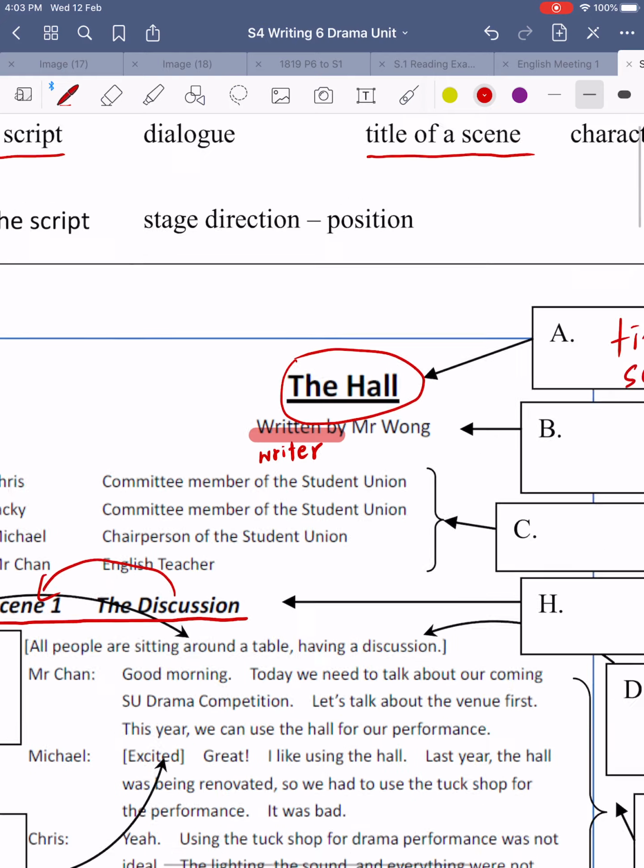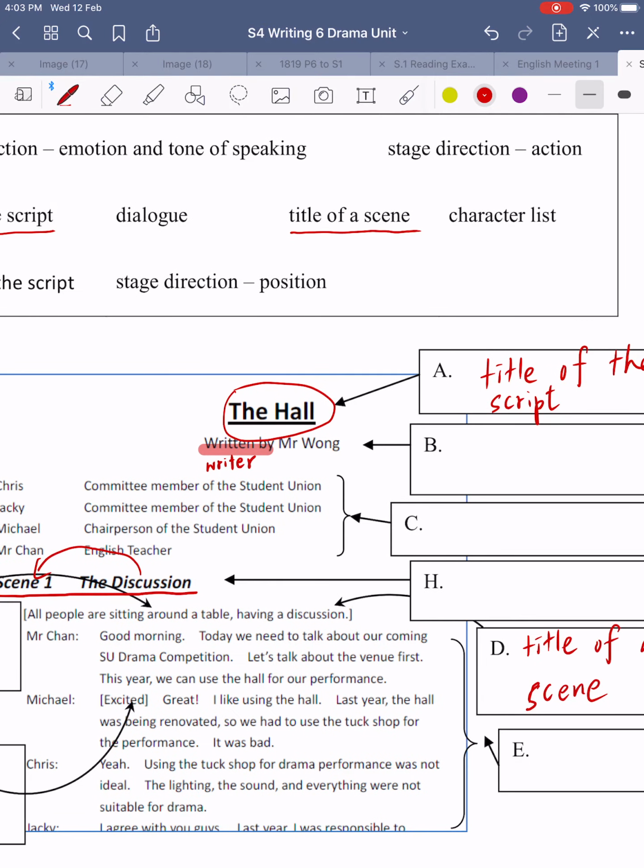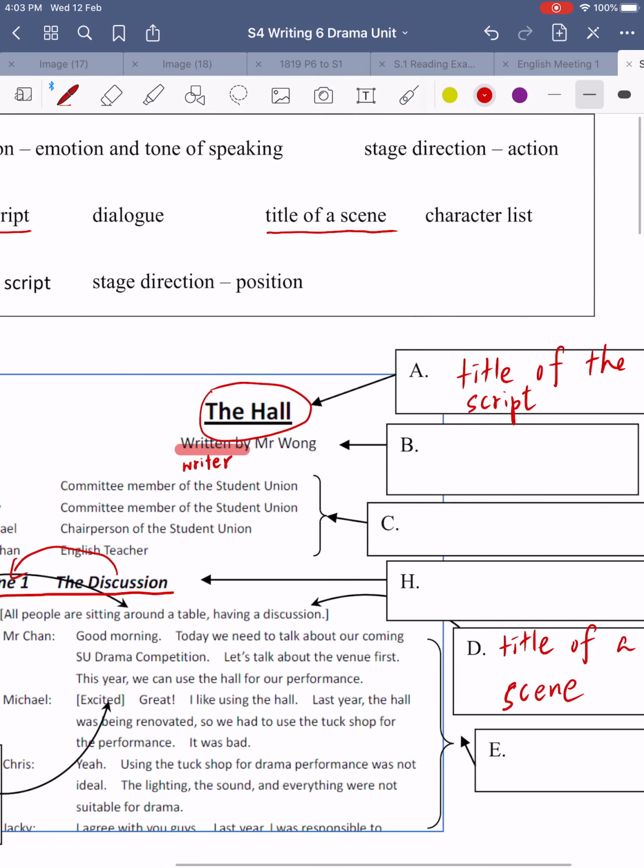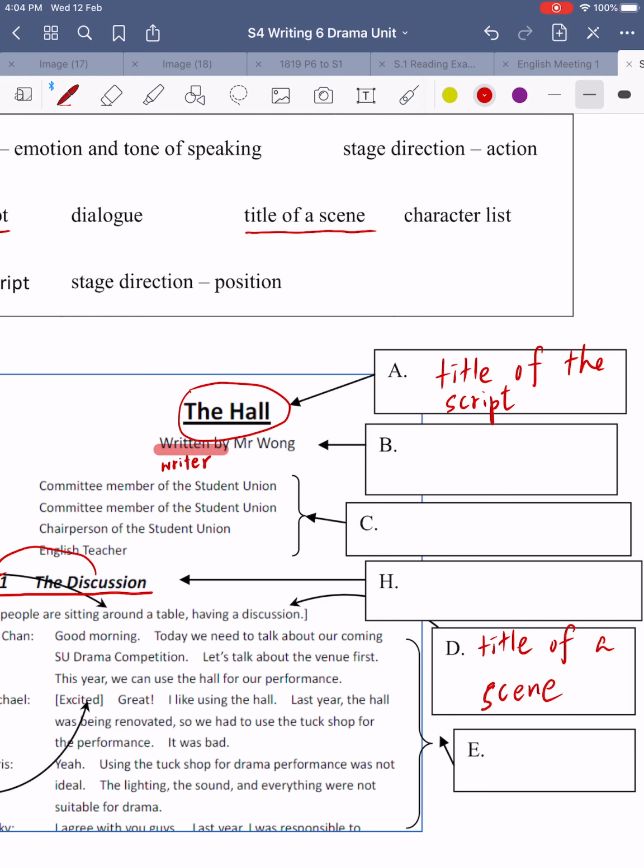That's why in your drama script, you also need to write down the name of the writer. So B, we may write writer of the script.